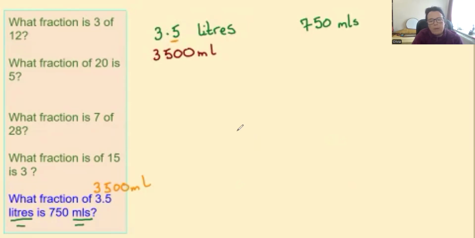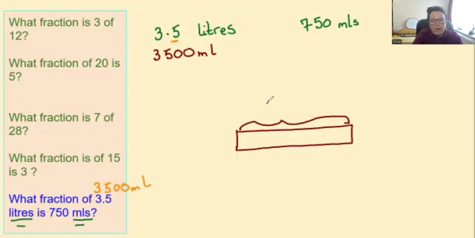So here is my bar model. I know that this bar model is worth 3,500 milliliters altogether. And I want to know what fraction of this is 750 milliliters. So that's a little estimation there.